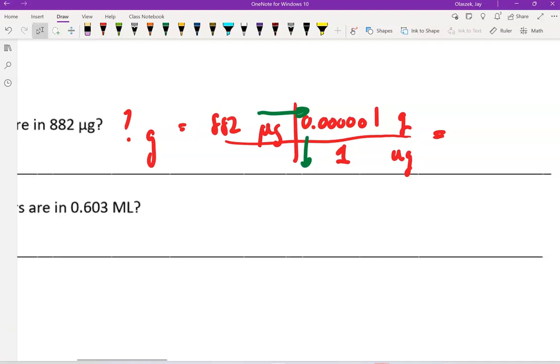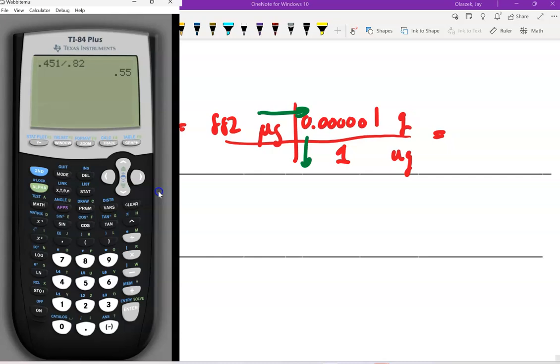If you take your calculator, you can do it this way. We'll say 882. We're going to multiply this by 0.000001 and divide by the bottom, which is 1. And here's how many grams we have. Uh-oh, is that scientific notation?